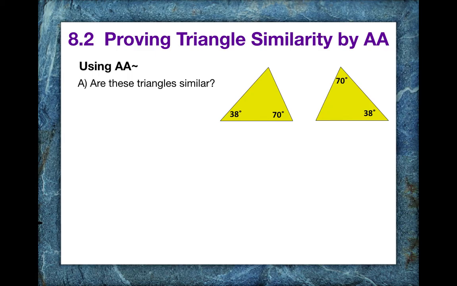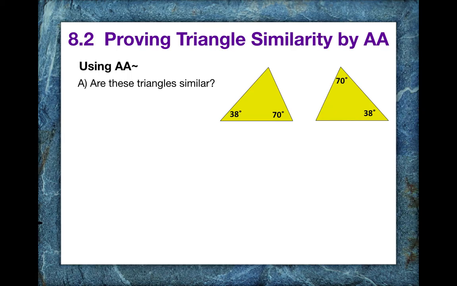So let's take a look at these two triangles. Are these two similar triangles? Well, I have one angle 70, one angle 38. The third angle has to be congruent because of the third angles theorem, which says that if two angles are congruent in one triangle to two angles in a second triangle, then the third angles must be congruent.